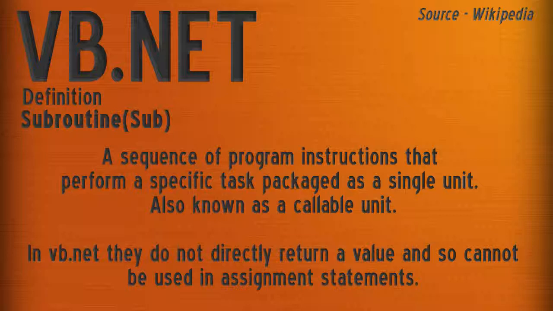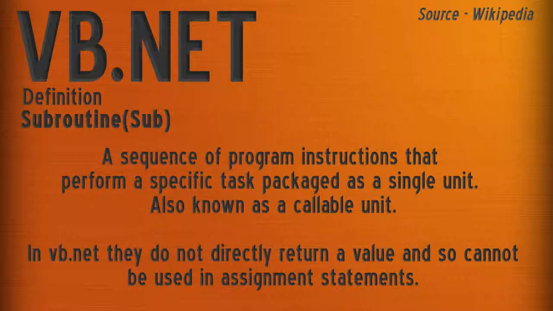It's just some basic definitions, just so that you know what I'm talking about. So subroutine, or sub, as it is abbreviated in VB.NET syntax: a sequence of program instructions that perform a specific task packaged as a single unit, also known as a callable unit, because you can call them.